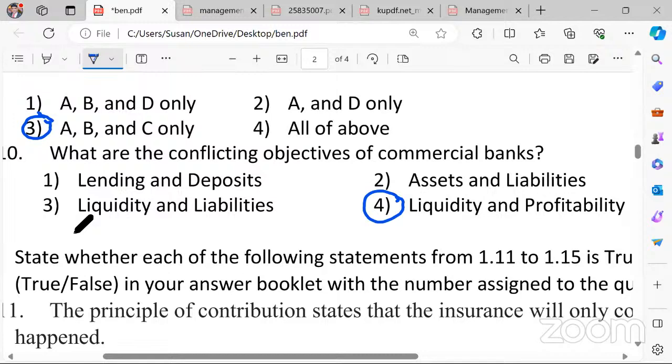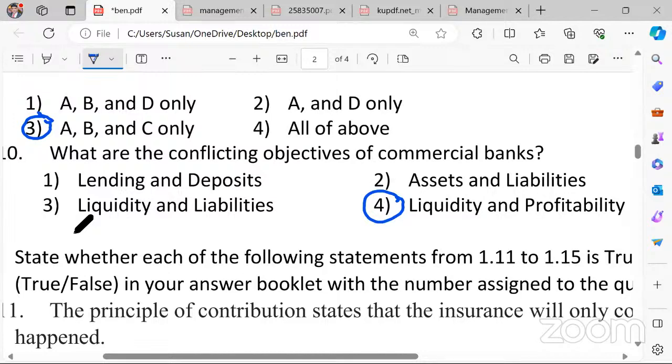Then what is happening if they are lending more? Their profitability goes up, but liquidity goes down. To maintain trustworthiness with their customers, they have to maintain considerable liquidity. Got it? Then that is conflicting.